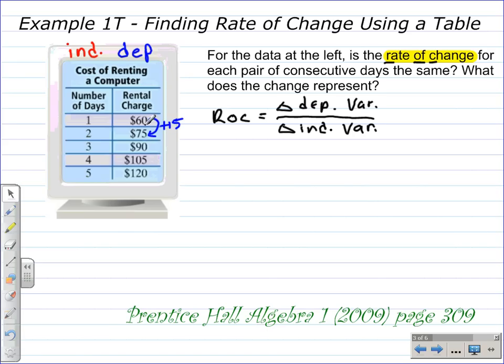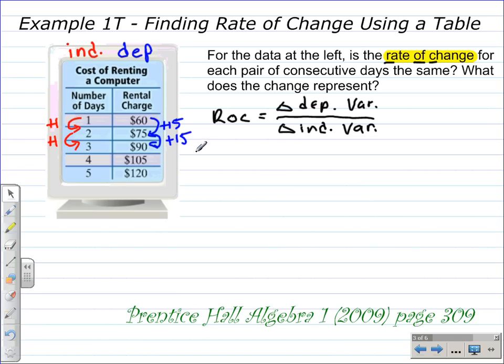We could go 75, take away 60 to get that 15, but that's an increase of $15. From 1 to 2 days, that's an increase of 1 day. Next, we have $75 to $90, which is an increase of 15. And also, from 2 to 3 is an increase of 1. So far, it's working out.